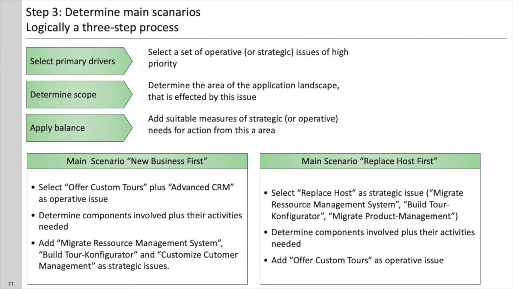So within this context and within the time box or the effort box, within the limits of the program we are now setting up for our next 2, 3, or 5 years, in addition to these primary drivers, we can only apply as balance from the business side, offering custom tours, for example. So advanced CRM will not be able to be also done like it is in the first scenario.